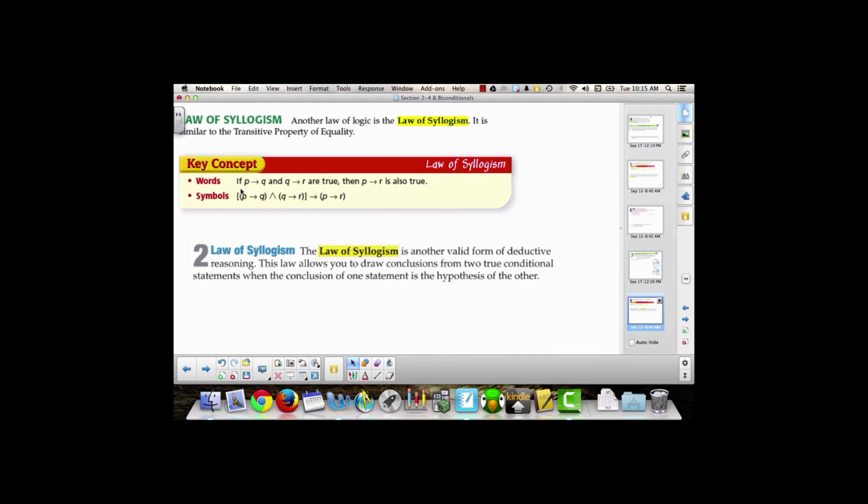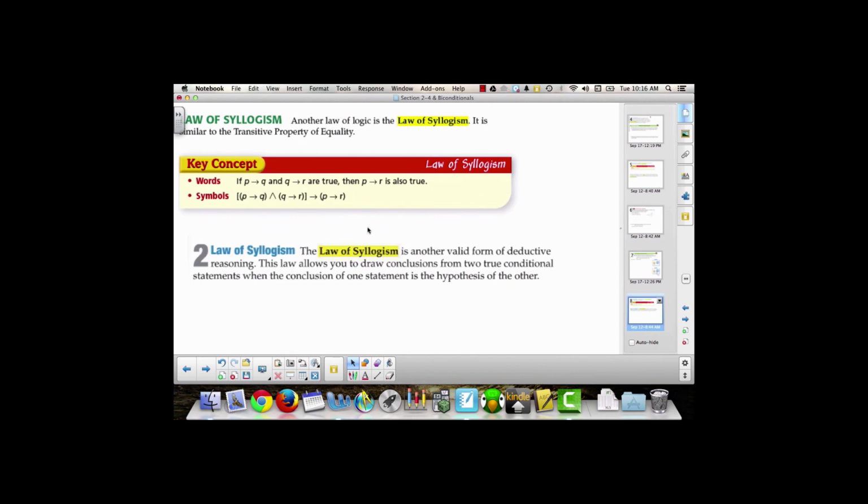I have an if-then statement, if P, then Q. The next statement must start with the conclusion of the first statement, if Q, then R. If both of those are true, then I can conclude that if P happens, R will happen, or if P, then R. So this statement shows us if P, then Q, and if Q, then R, then if P, then R.